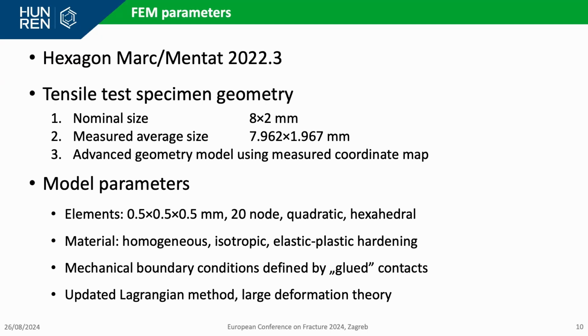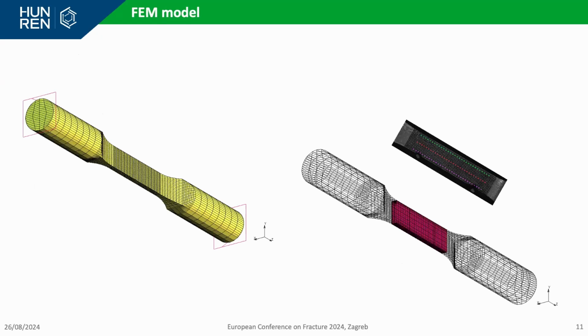The second model is also very similar because it just uses the average size that was measured. It's a little smaller. And the third one is an advanced geometry because it uses the detailed coordinate map, which was previously measured.